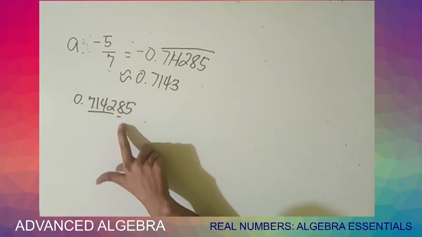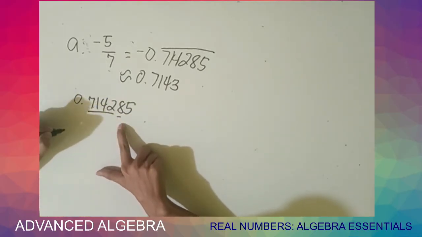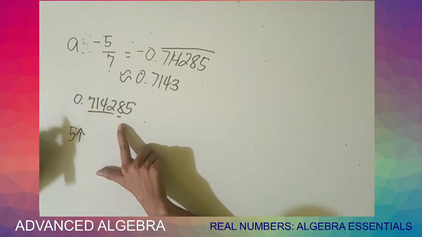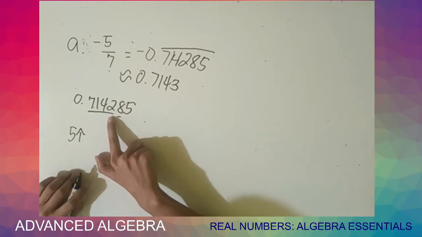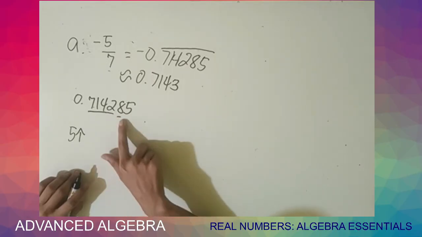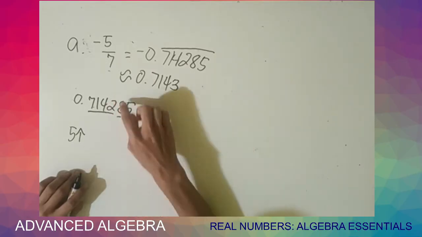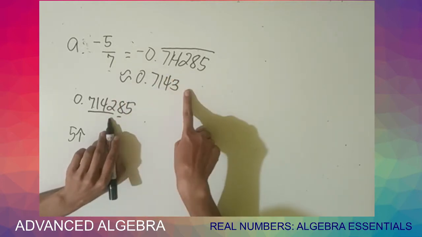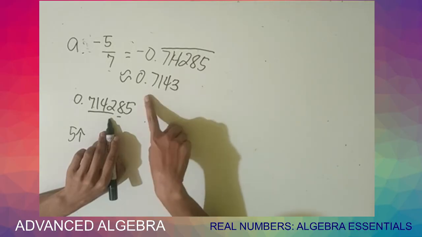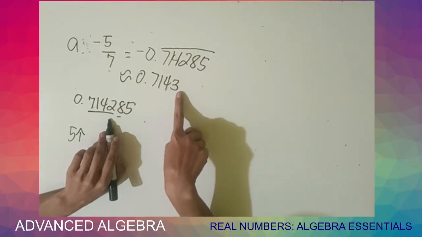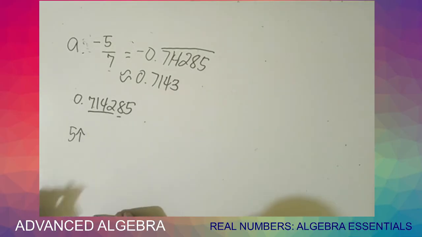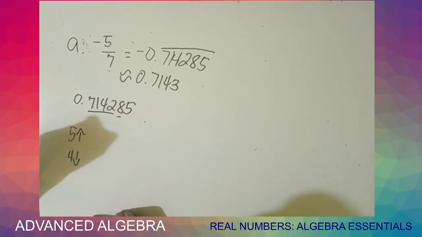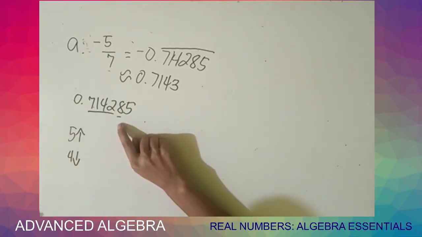So, ano ba yung kasunod? 8. So, meron tayong rules dito. Kapag 5 pataas yung kasunod na number, magpa-plus tayo ng 1 sa 2, dito sa unahan ng 8. So, magiging 3. Okay? So, kaya naging 0.7143 yung ating sagot dito. Next, kapag 4 pababa, hindi tayo magpa-plus ng 1. So, retain siya.